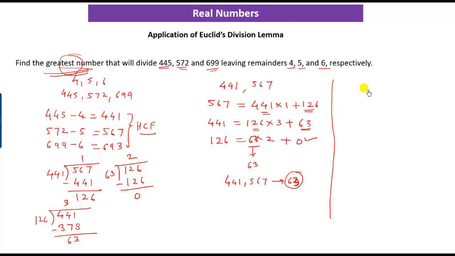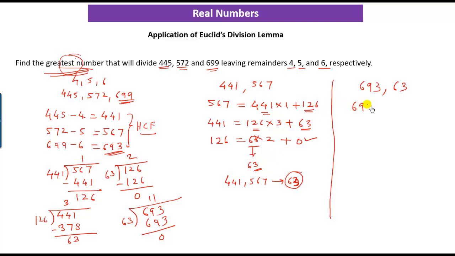Now we will find the HCF of this third number 693 and the HCF of the remaining two numbers, that is 63. So 693 divided by 63, so that will be equal to 63 11s are 693, so the remainder will be 0.